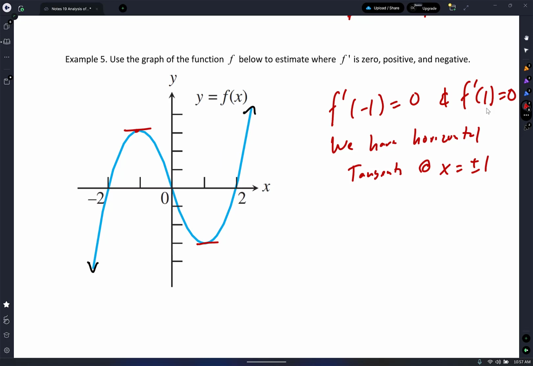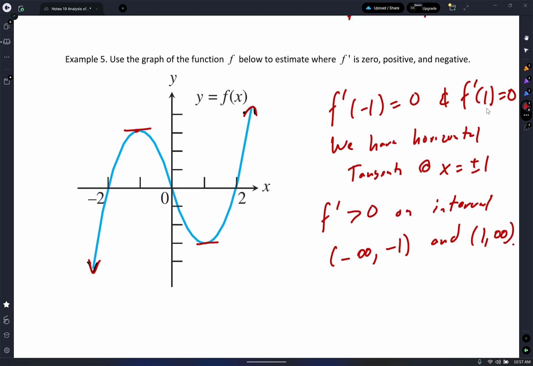There's an arrow here, so it's -infinity. F prime is positive on the interval -infinity to -1, parenthesis, and 1 to infinity, period. Tell me where f prime is negative.